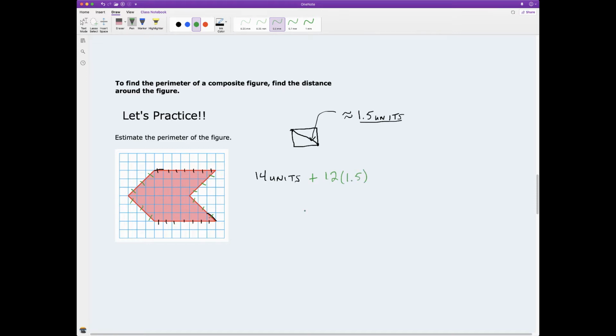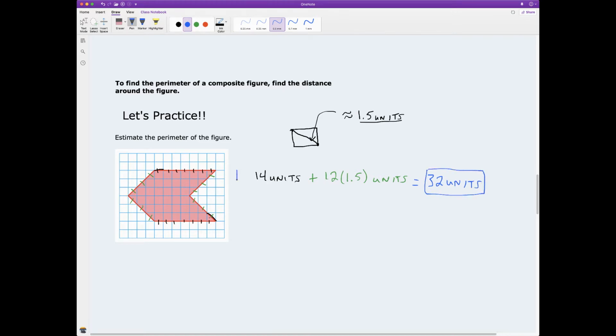And this is also units. So 14 units plus 12 units times 1.5 units gives me an answer of approximately 32 units. So this would be my perimeter.